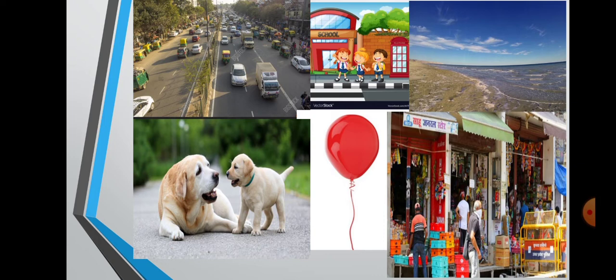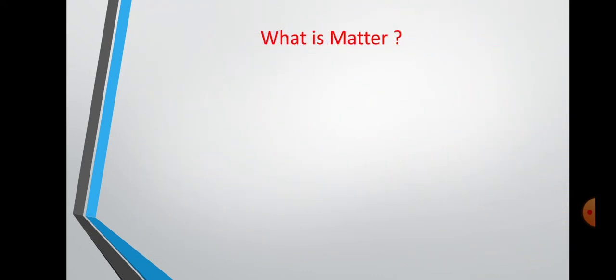Still confused? Don't worry. In today's topic, let us explore what is matter and its state and find the answer to an important question. So, what is matter? Well, as we all know that matter is everything around us.